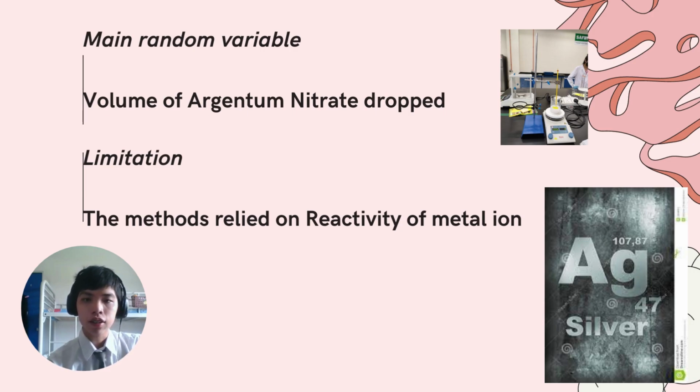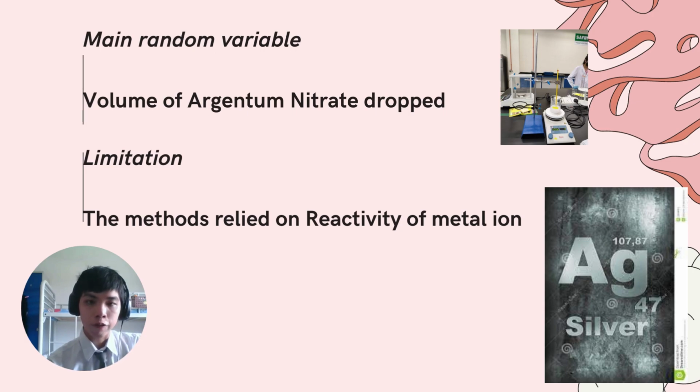As for the limitation in this experiment, we know that the method relies on the reactivity of metal ions. There are two metal ions: one is sodium and the other is argentum. The reactivity is based on the argentum nitrate, which has the argentum ion.